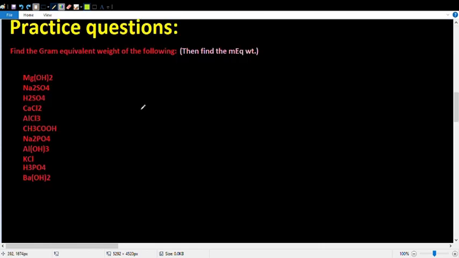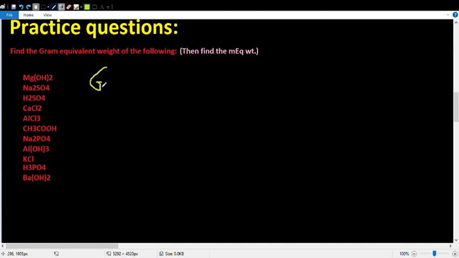And that's the answer for hydrochloric acid. So moving to the practice questions, find the gram equivalent weight of the following, then find the milli equivalent weight. The first compound here is magnesium hydroxide. Let's identify it first. Is this a base, a salt, or an acid? As we see here, it is a base because of the OH.